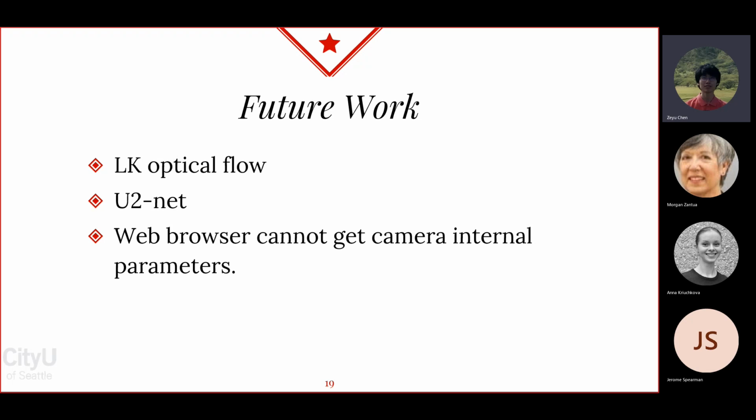And Unet, which is used in this system for image segmentation, cannot run in real time. Those limited the speed of the system. So in the future, maybe we can change it to another algorithm to get more speed for the system.